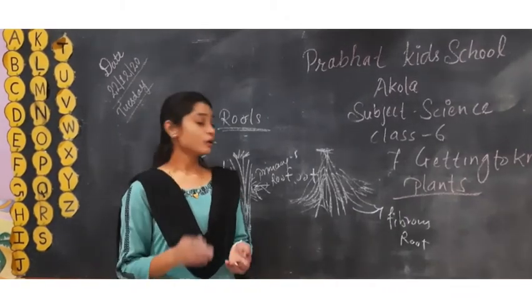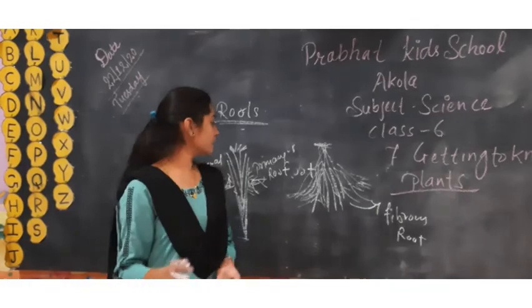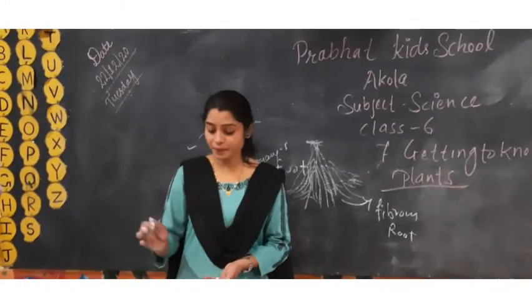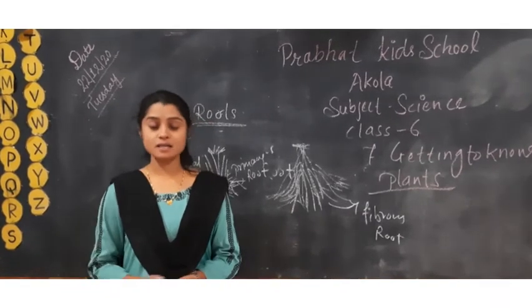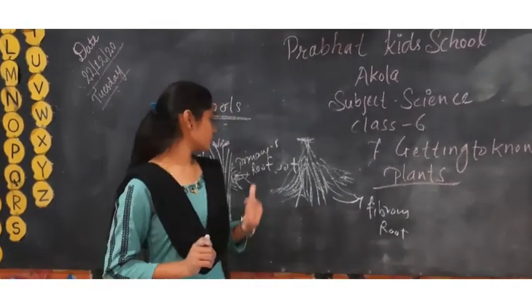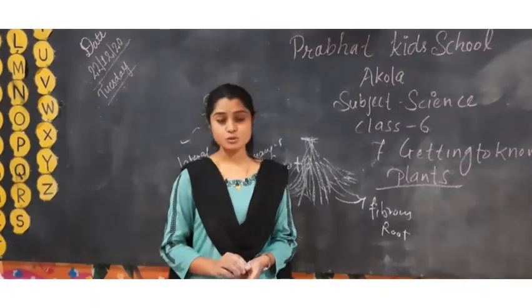Then the plant that does not have a main root, so all the roots seem similar, and these are called a fibrous root type. So these are both types: the taproot system and the fibrous root system.